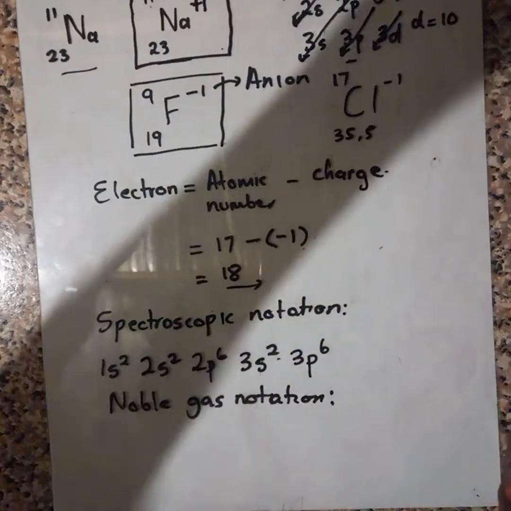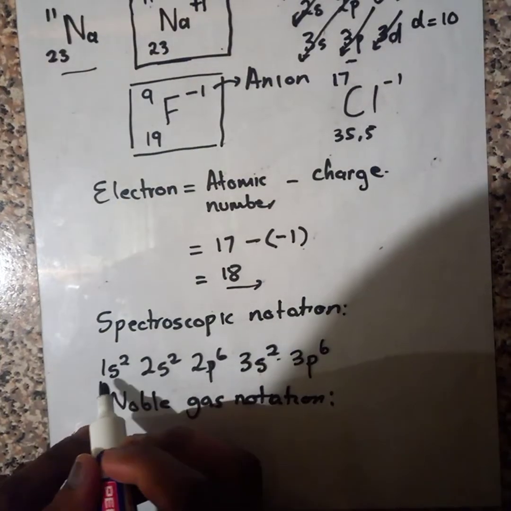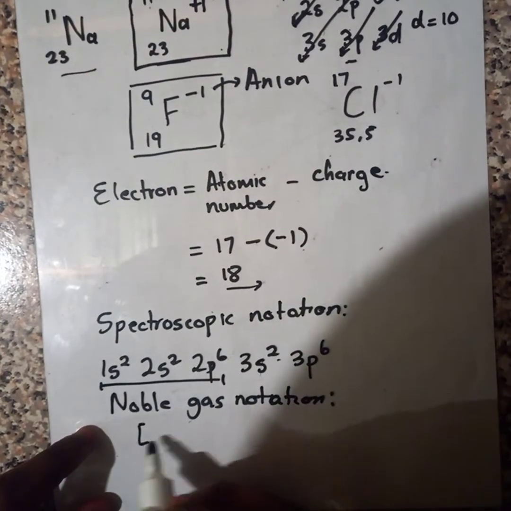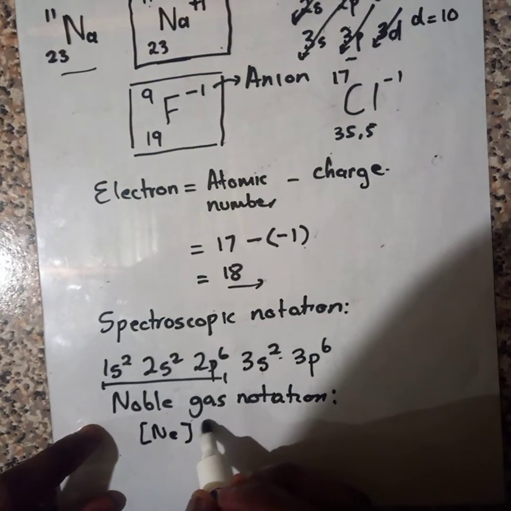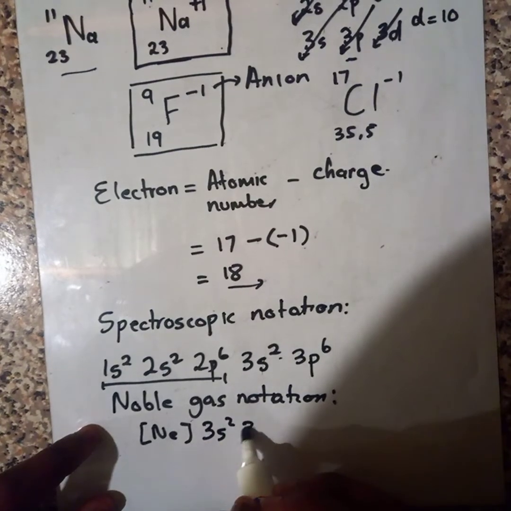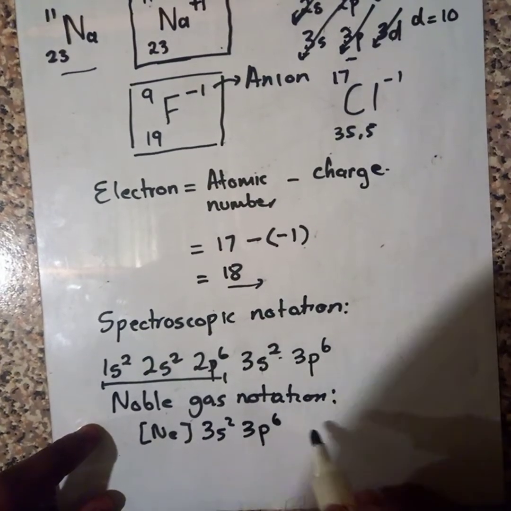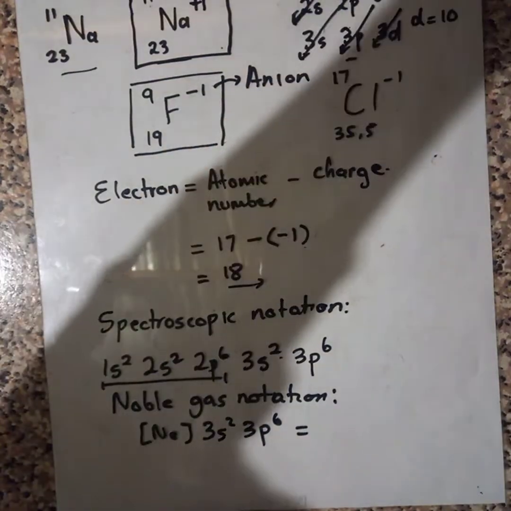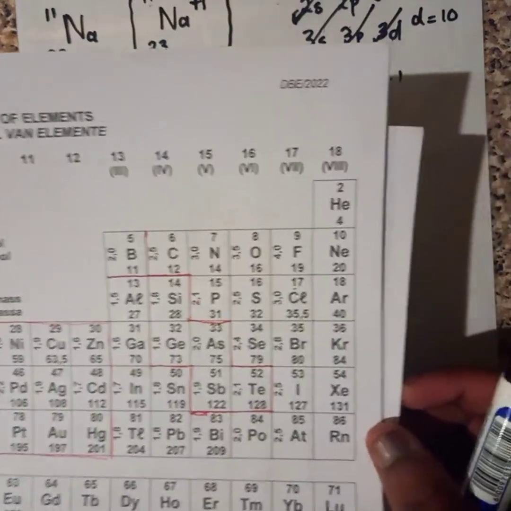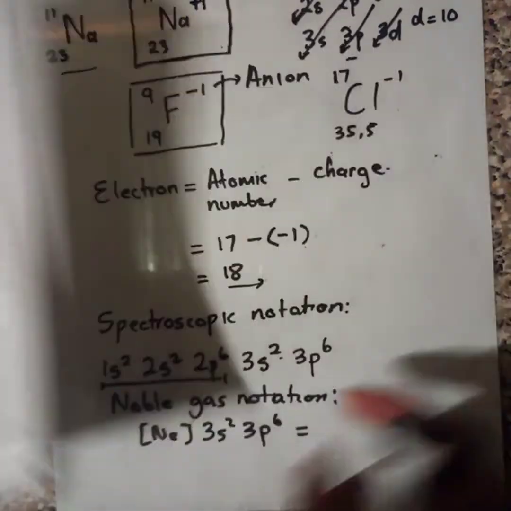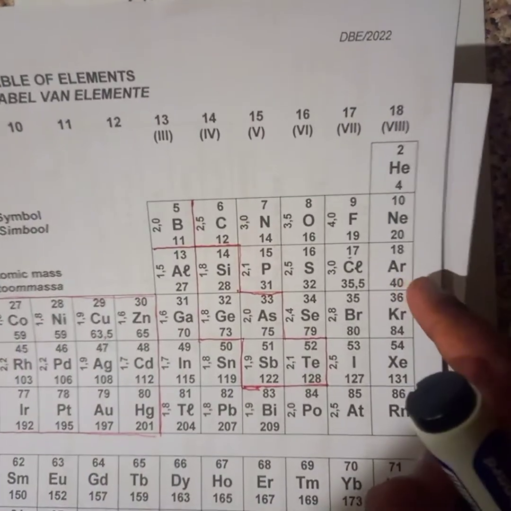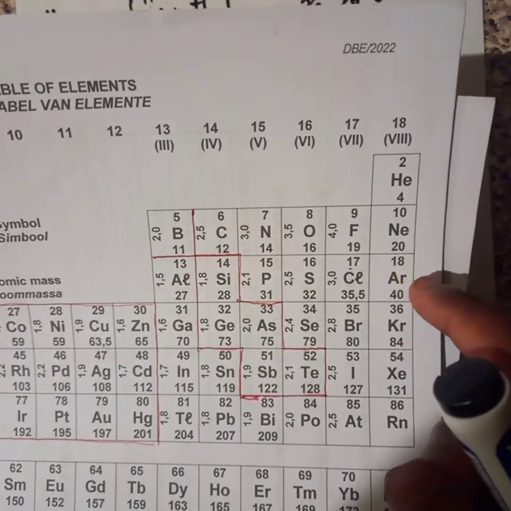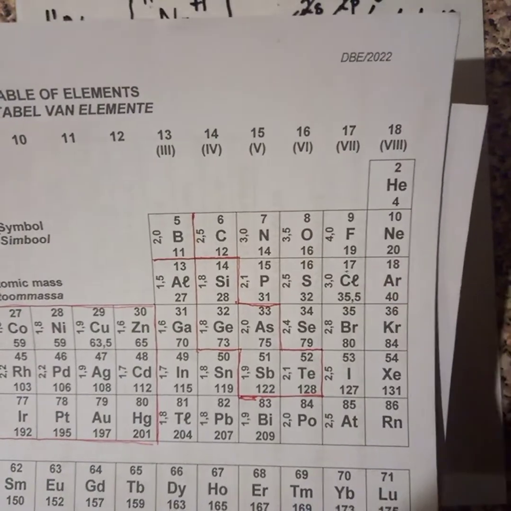Some would say, okay, from here till here we have neon, which is 10, then the remaining, which is 3s2, then 3p6. But now let us consider the maximum. The maximum that we can have for this one is 18, which corresponds to argon.